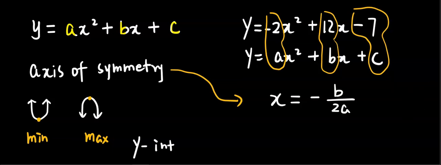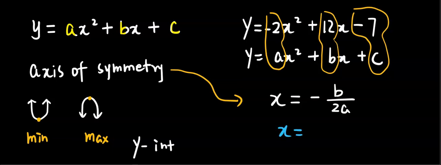Now, because you already know this, after you find the axis of symmetry, you know your axis of symmetry is going to be vertical. Okay, let's use this example to find the axis of symmetry. We're going to substitute. X is negative b over 2a.